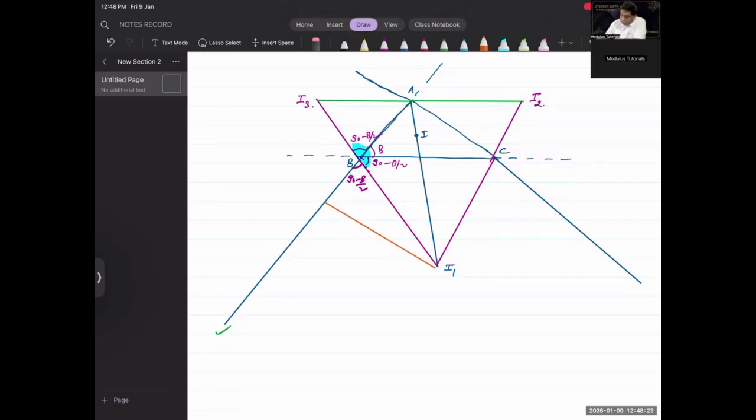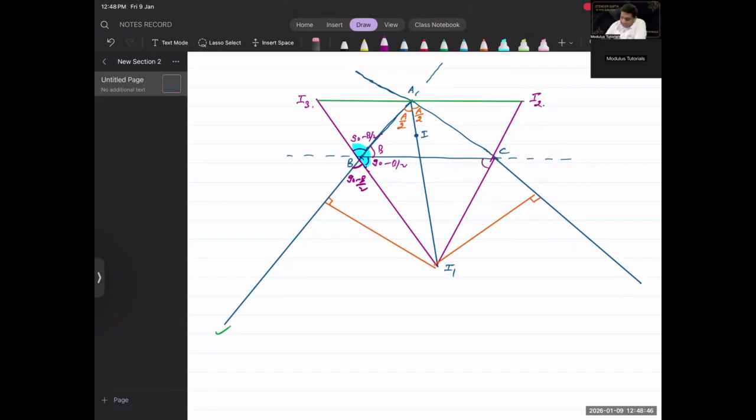So this is one perpendicular and this is another perpendicular. Got it? So this will be 90 degrees. This will also be 90 degrees. Any problem whatsoever? This is A by 2. This is A by 2. Easy. There is nothing to explain in this. This is all self-explanatory.